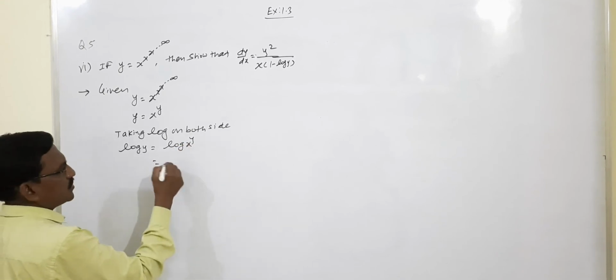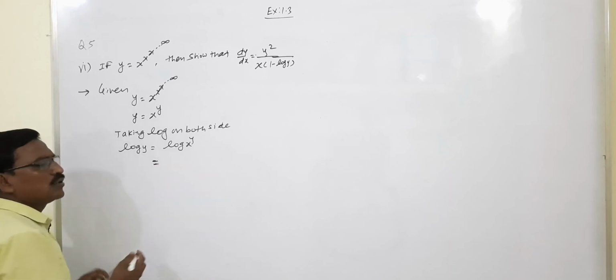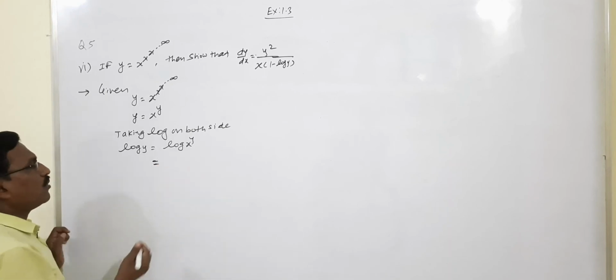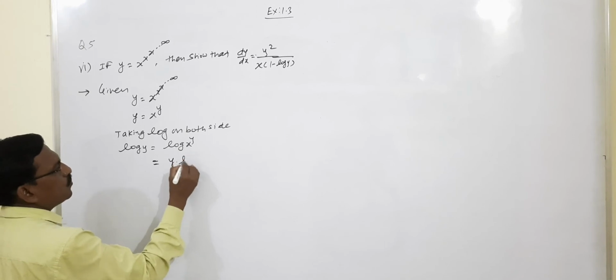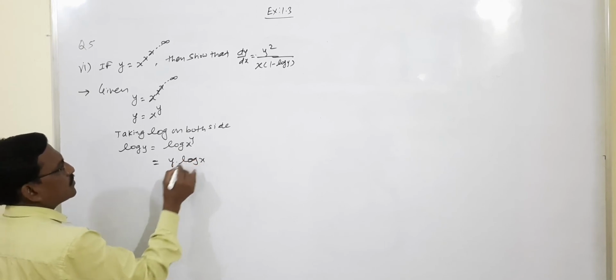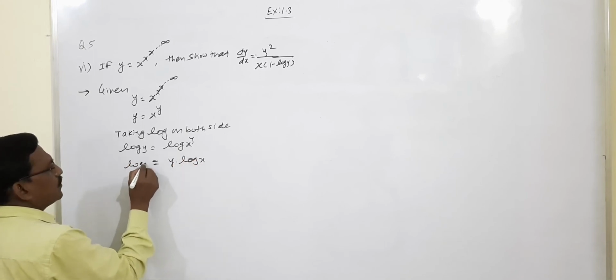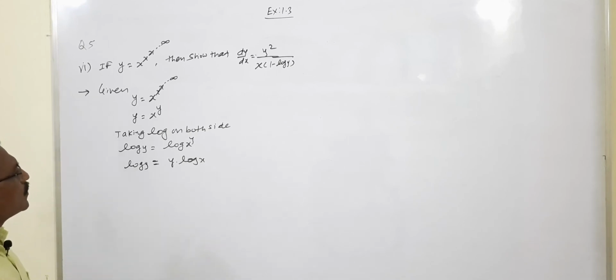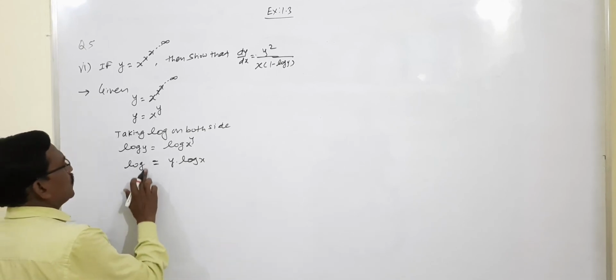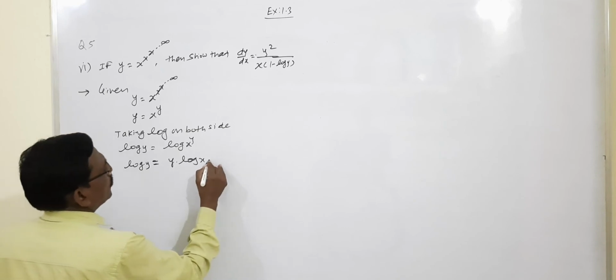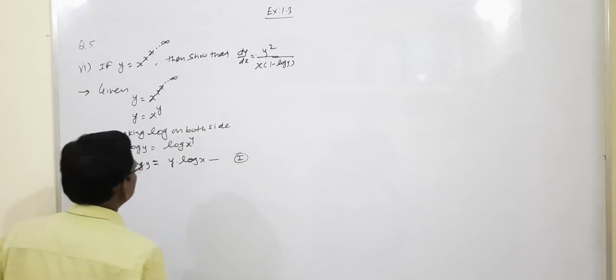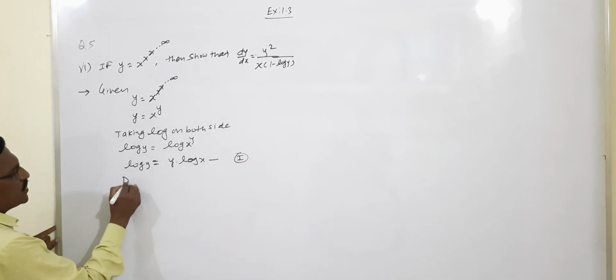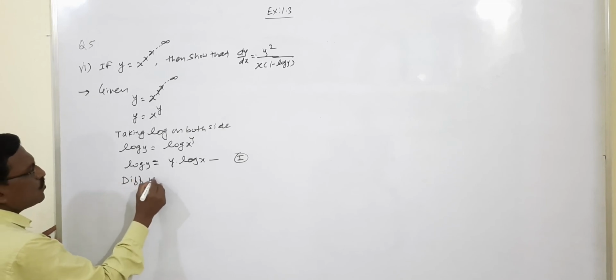Here we take the rule of log of m raised to n, it is n log m, so it is y into log x, it is log y. Call it equation 1.